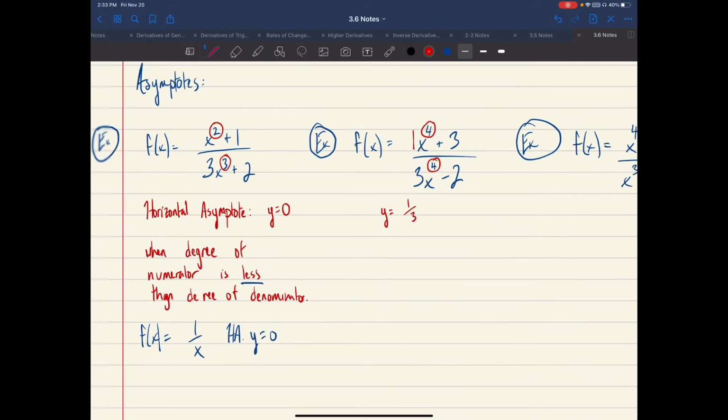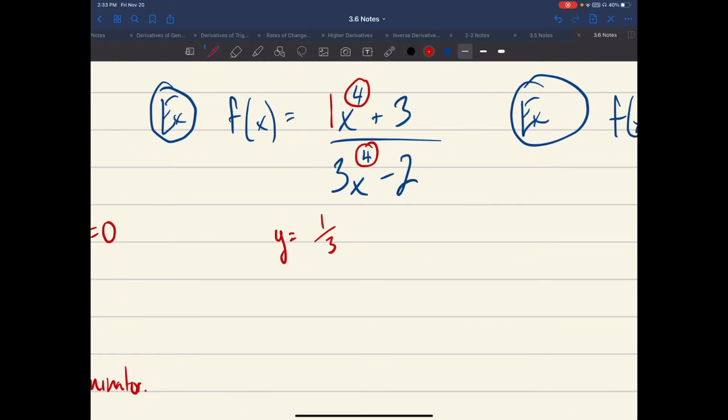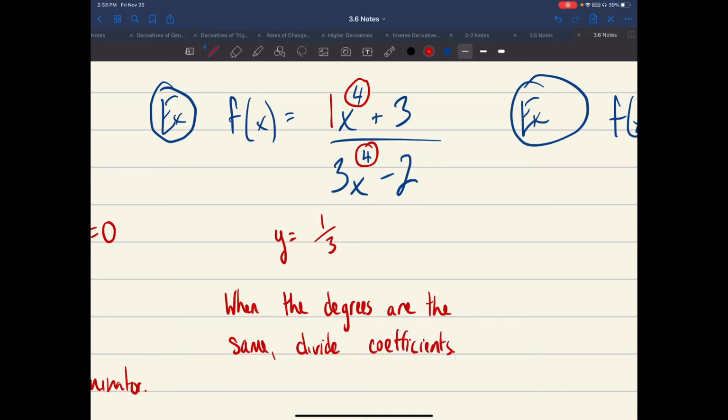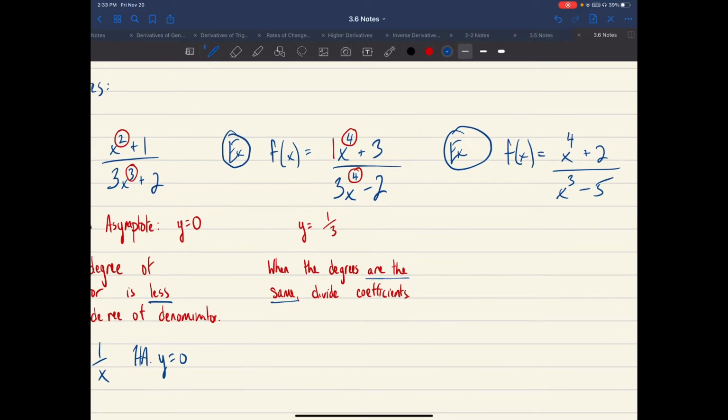So this is when the degrees are the same. Okay, so you just divide the coefficients.